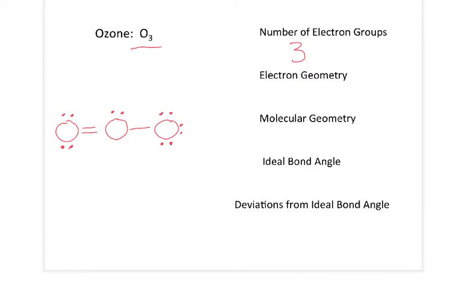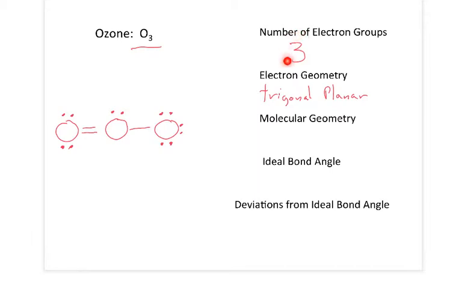So if we look at that table, we'll see that if I have 3 electron groups, that electron geometry is called trigonal planar. All right, now if I have 3 electron groups, I look at that table and see that I have one lone pair, that molecular geometry, or the shape of the molecule, is different than the electron geometry.